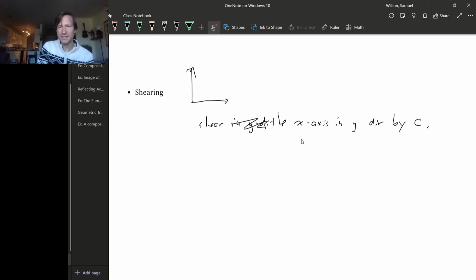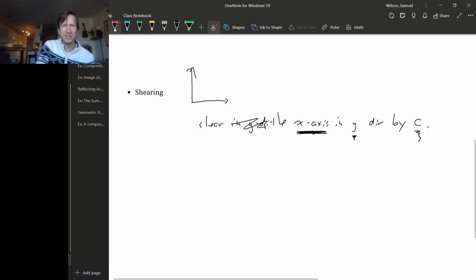What this does is it takes the standard basis vector that points in the x direction, and it adds to it some vector in the y direction, but a vector that's length c.